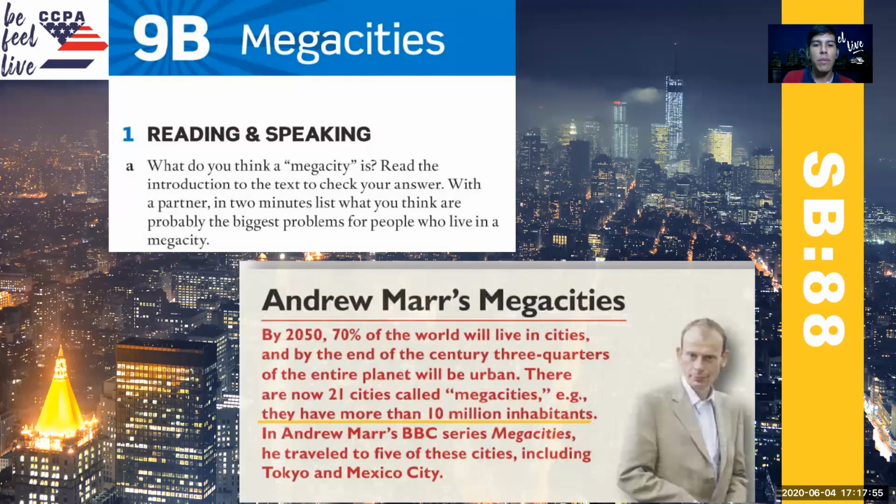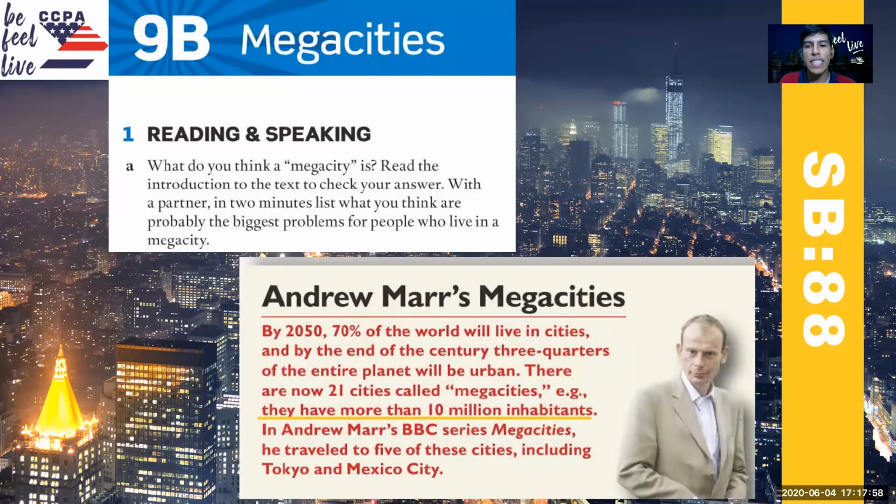So a city with more than 10 million inhabitants is a mega city. And we had here Andrews Mars, who went and visited many mega cities and is going to tell us his experience with 2 of them. In this case, his experience with Mexico City and also with Tokyo.